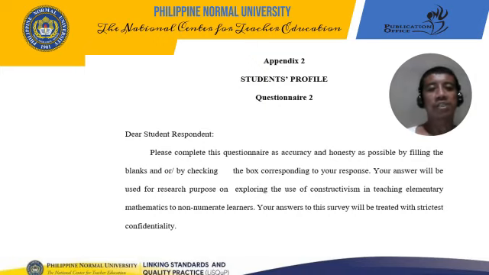Okay, for the students' profile, questionnaire number 2, for the student respondents. Please complete these questionnaires as accurately and honestly as possible by filling in the blanks and/or by checking the box corresponding to your response. Your answers will be used for research purposes on exploring the use of constructivism in teaching elementary mathematics to non-numerate learners.